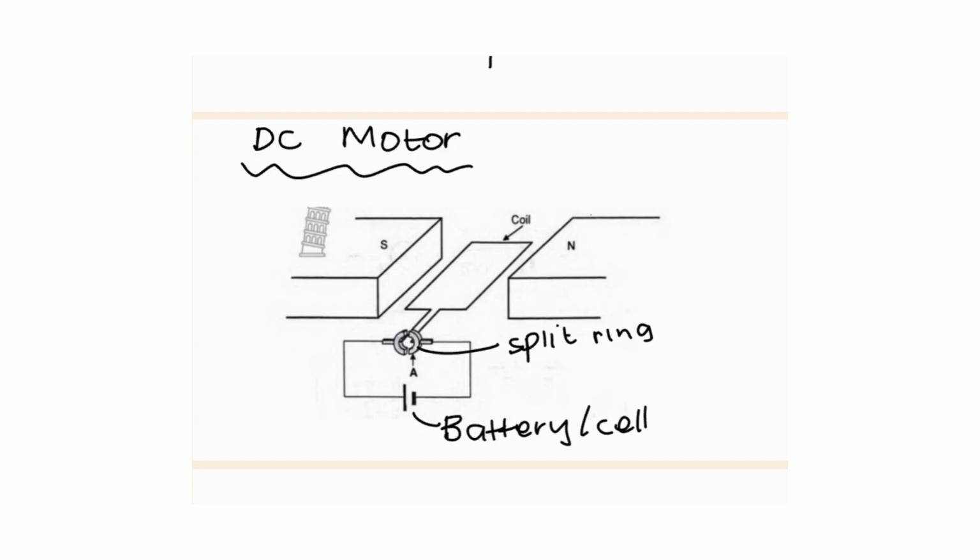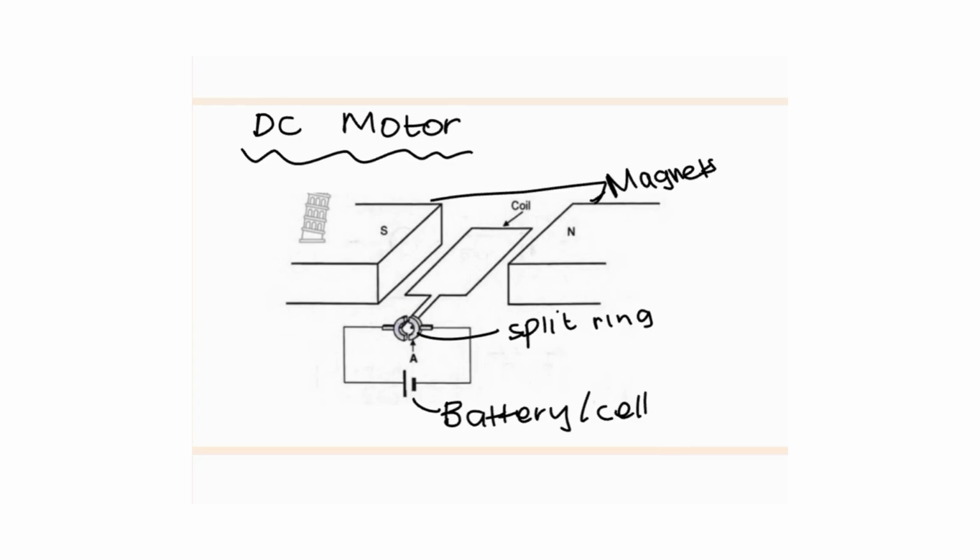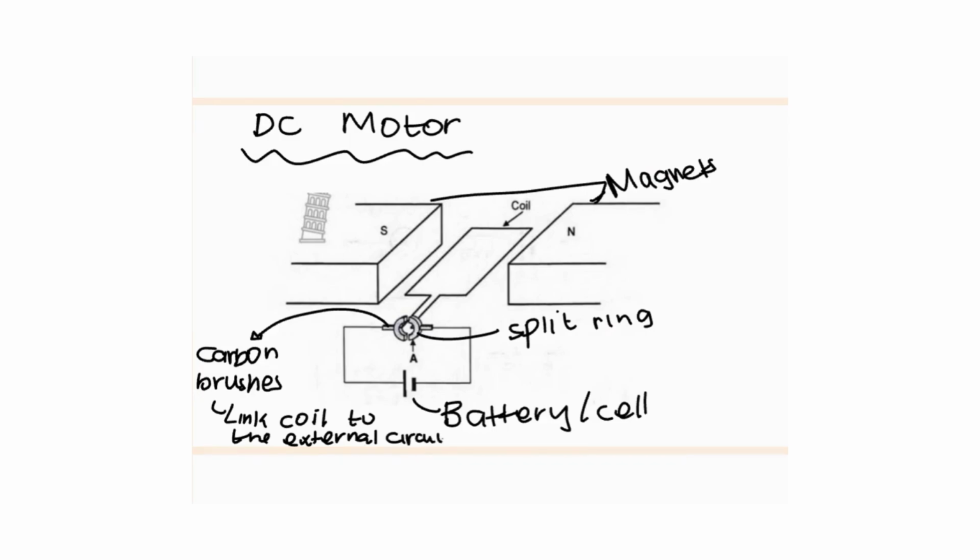Then we can also label, here we have the magnets. We know the magnets are there to create a magnetic field. Then we have the coil, which has been labeled for us. We also have the carbon brushes, and their main function is that they link the coil to the external circuit.